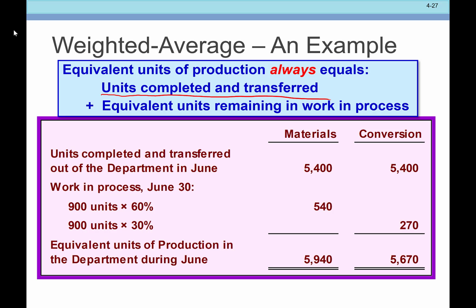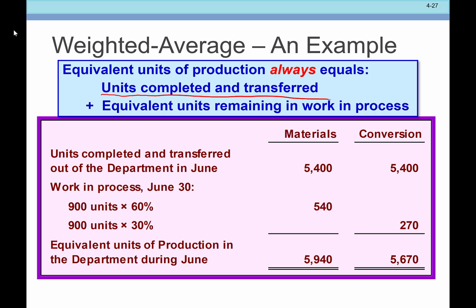I mean, it could be up to the accountant to go in and look to see, but I'm thinking some production person would say, yeah, we were 60% done as to materials, and we had done 30% of the labor on that stuff. You see those flakes that are still sitting in the mixing bowl? Well, those are about 60% done as to materials and about 30% done as to labor.